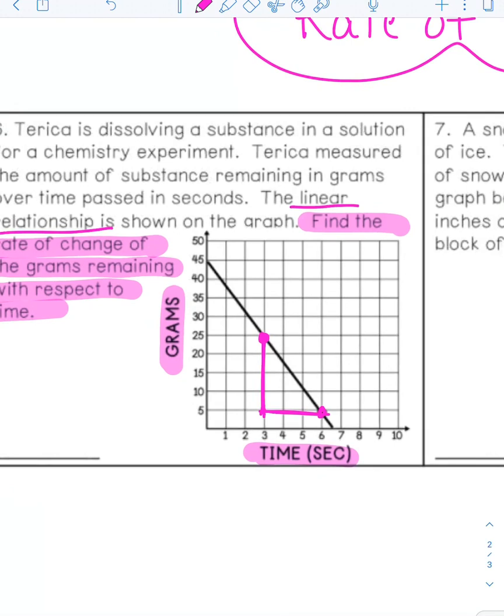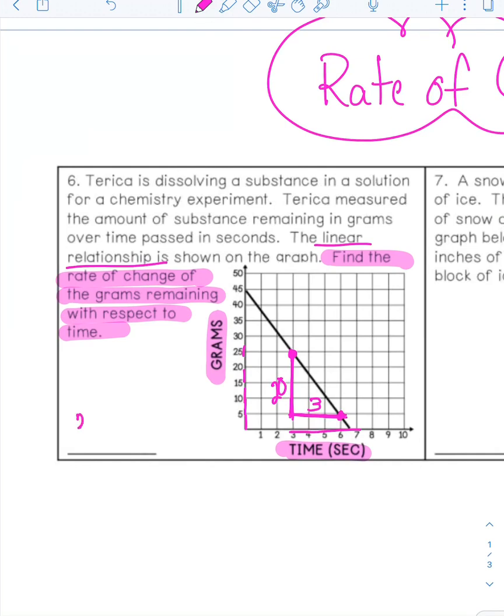Now I notice my rise, my y goes up by 5s. So my rise is 5, 10, 15, 20. And my run, now my x goes up by 1s. So this is 1, 2, 3. So my slope is 20 over 3. Now here's the deal. Typically if it's just a graph, we'll leave it as a fraction.